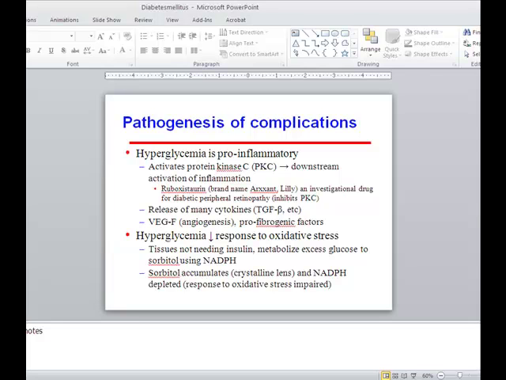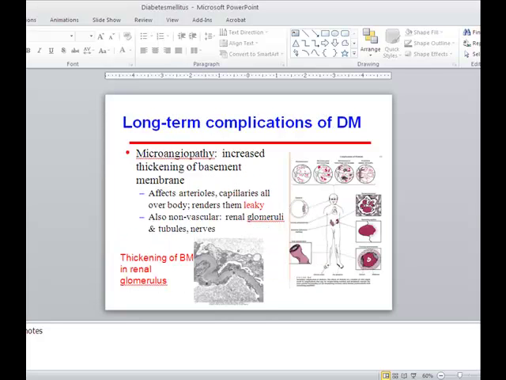And so sorbitol builds up, and there is less NADPH, so the lens's response to oxidative stress is impaired, and that's a perfect storm for the lens to change its refractive index and for the patient to develop cataract. We'll come back to this again.